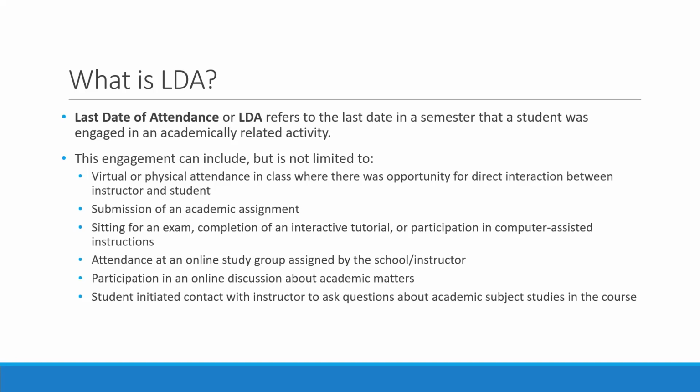As you can see by our examples here, they were virtually or physically attending a class. They submitted an assignment, they sat for an exam, they participated in an online discussion board or even contacted the instructor to ask about the academic subject. So those are some examples of how you can define engagement. And LDA is asking for the last time a student was engaged in the course.